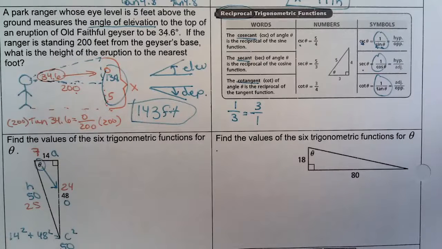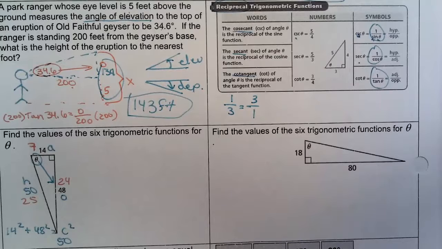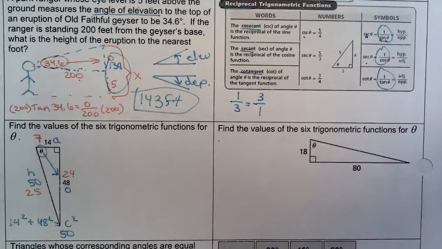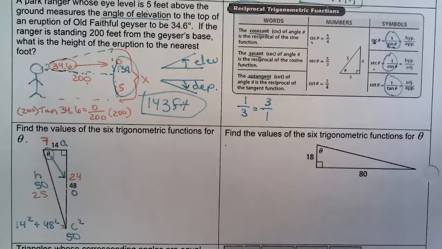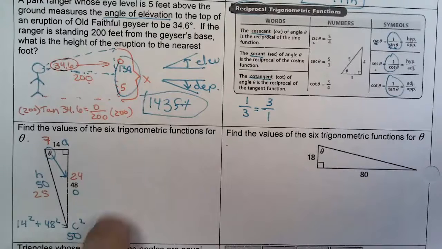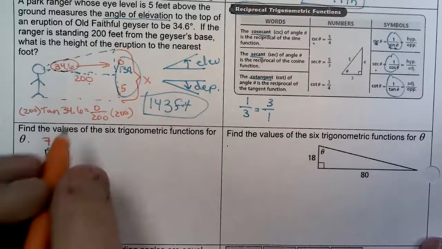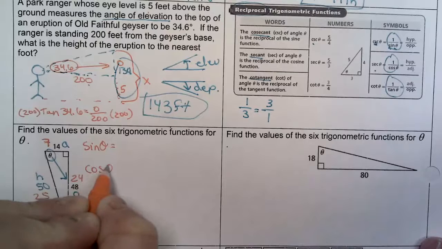Like anytime I see a triangle that has a leg of 3 and a leg of 4, I automatically know that the hypotenuse is 5, because it's one of our Pythagorean triples. If you don't remember that, that's fine. You can always find it by using your Pythagorean theorem.